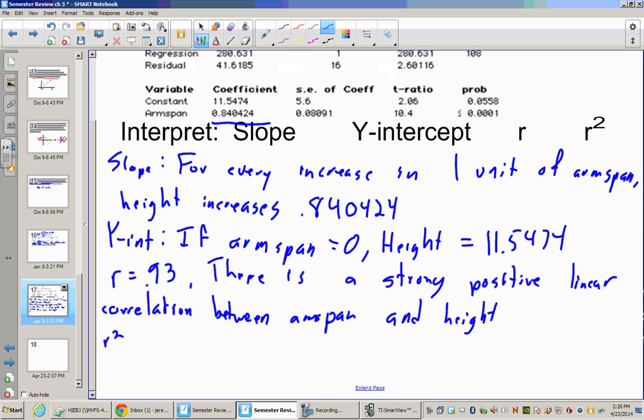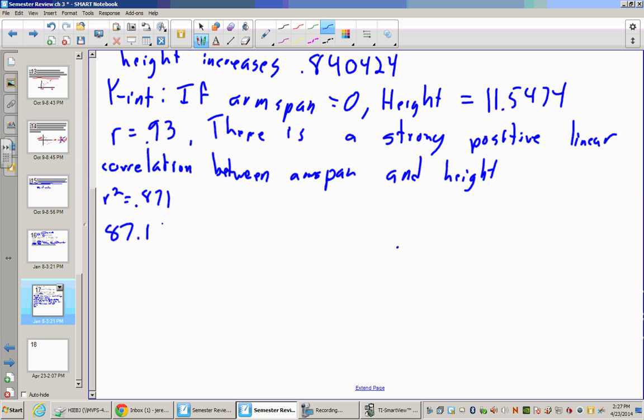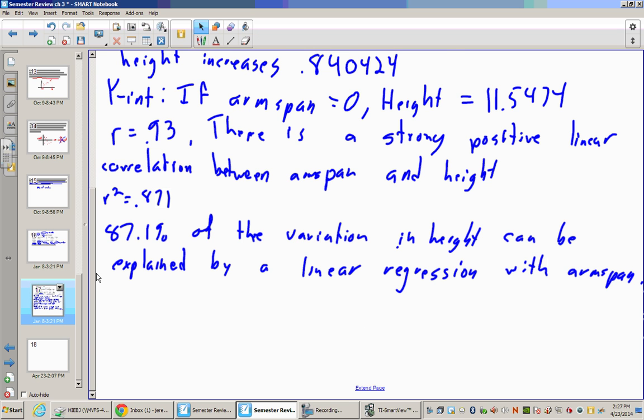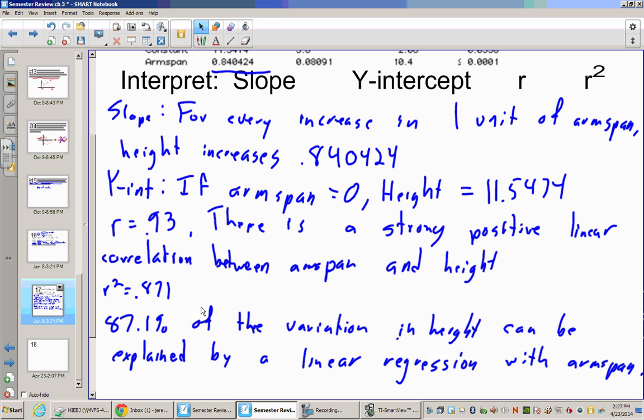So if I want to interpret r squared, I'd say 87.1% of the variation in height can be explained by linear regression with arm span, just like the definition was on the previous page. These are 4 good things that you should know how to interpret. They come up often on the AP exam.